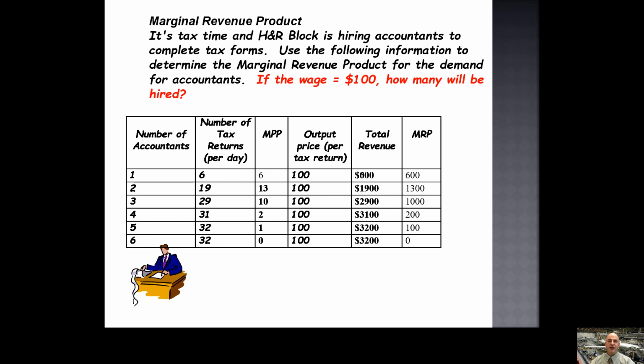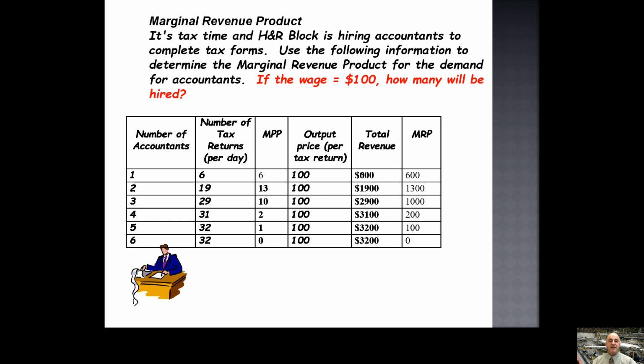Marginal revenue product, you'll notice, is just the incremental change in revenue. As I go from one level to the next, I go from $600 to $1,900. It's a difference of $1,300. As I go from 1,900 to 2,900, that's a difference of 1,000. But you'll also notice, here's where the marginal revenue product formula makes sense. Marginal revenue product is marginal product times the price of the product.